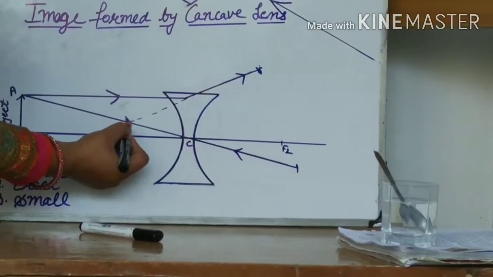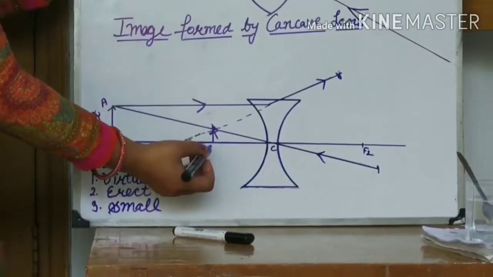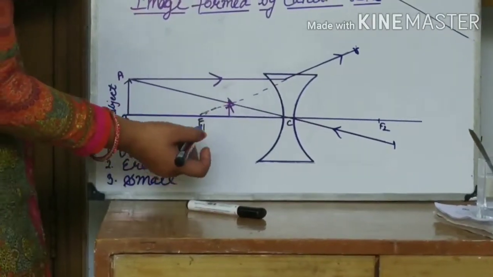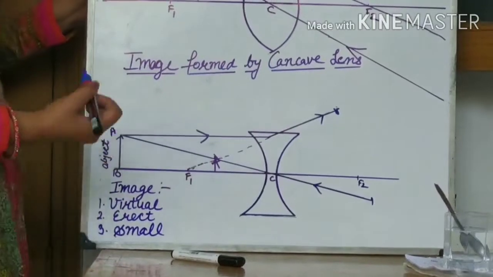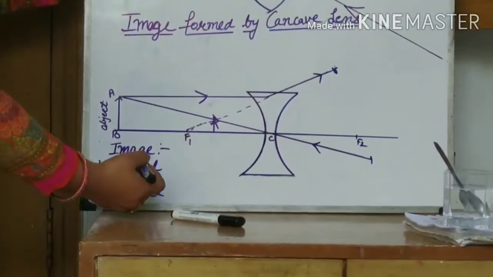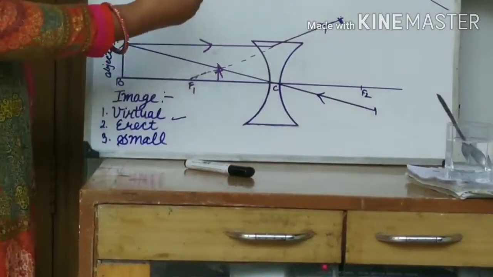And at this point, the image of the object is formed. If I join the point of intersection with the principal axis, then what type of image is formed? First of all, the image formed is virtual. Why is it virtual?